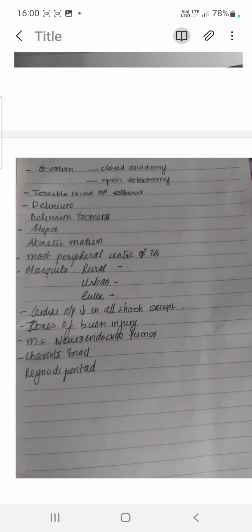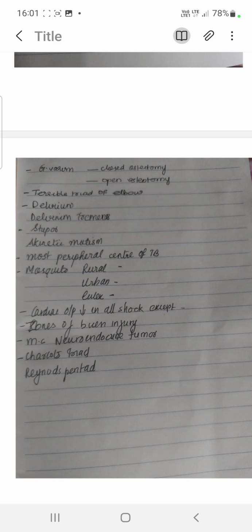Next, cardiac output is decreased in all shocks except distributive shock. You can have neurogenic shock, everything decreased, but septic shock and anaphylactic shock are where cardiac output is increased.